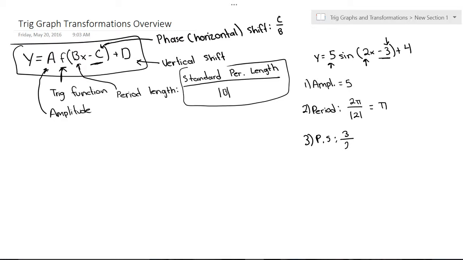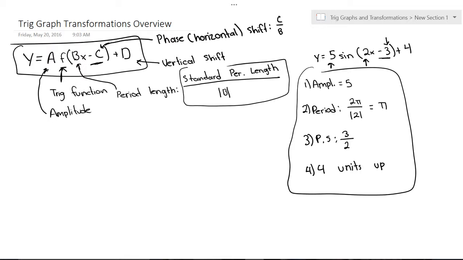So 3 divided by 2, that's our phase shift. We moved 1.5 units to the right. Then we have our vertical shift, which is just 4, so we went 4 units up. Those would be all the transformations, and then we would graph using all of these.